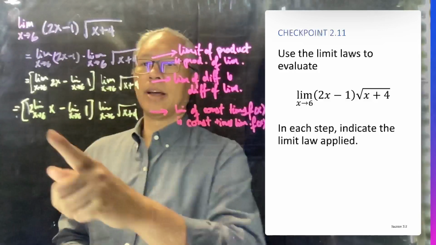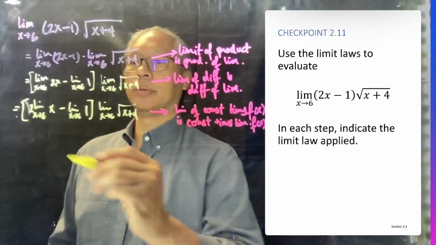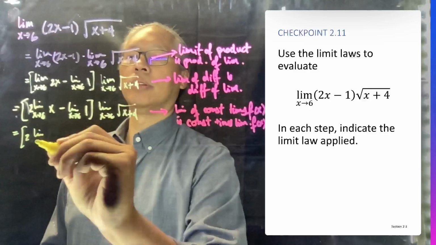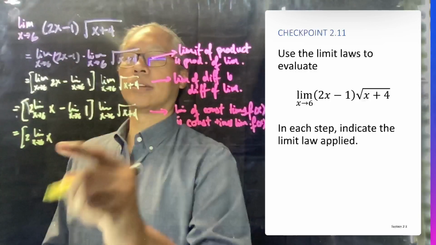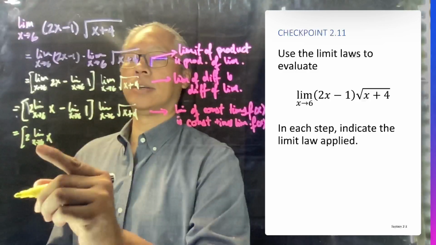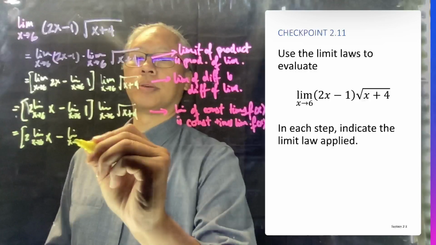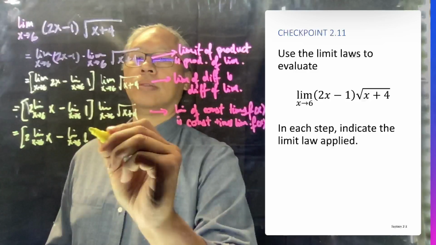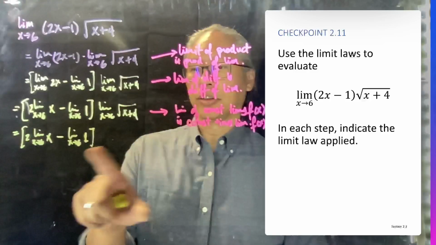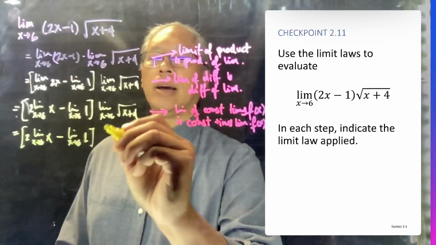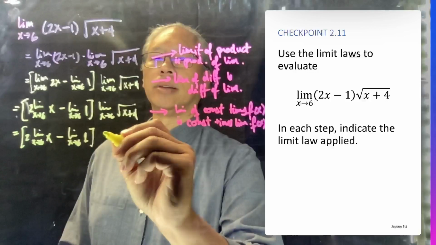All right, so now we can evaluate this limit, but let's deal with this under the square root. So we have 2 times limit as x approaches 6 of x minus limit as x approaches 6 of 1. The limit of a constant is just whatever the constant is. We'll fill that in. And then now let's take a look at this limit.